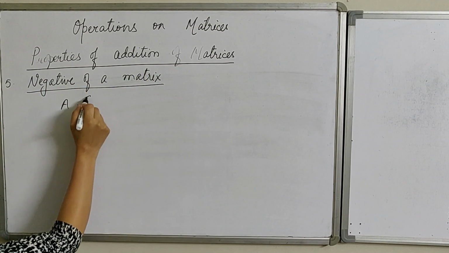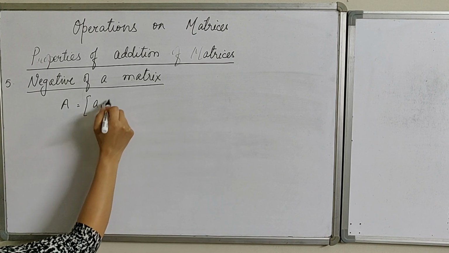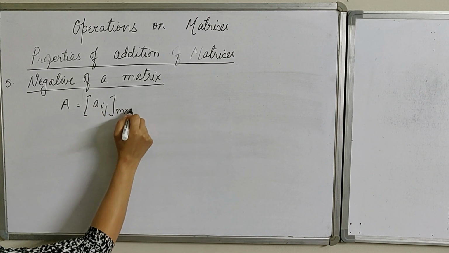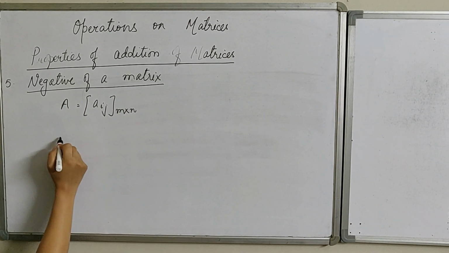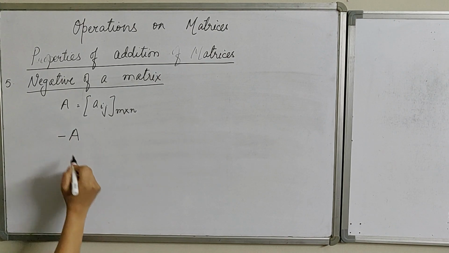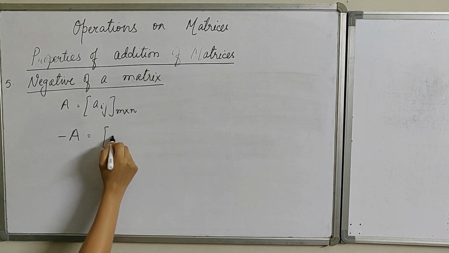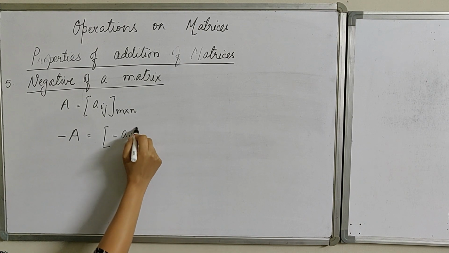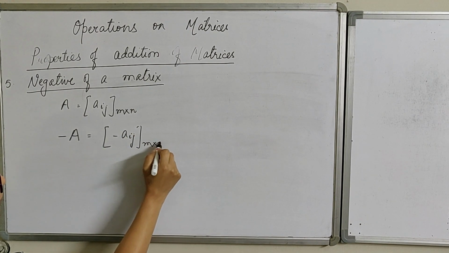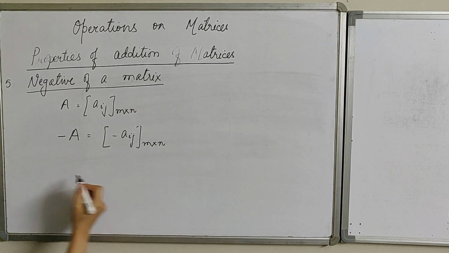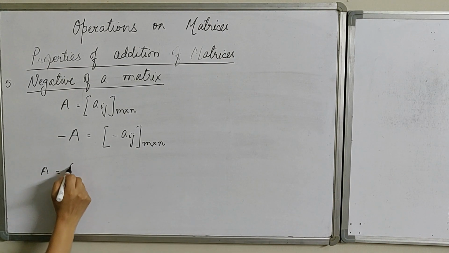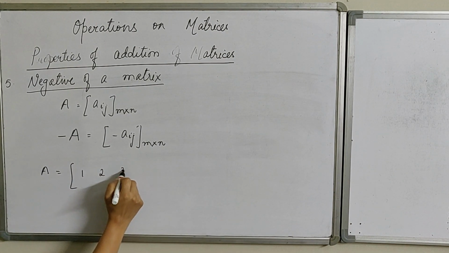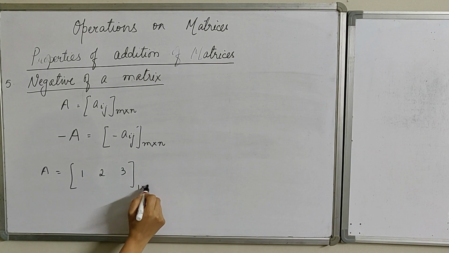A matrix A of order m by n has a negative matrix represented by minus A, of the same order m by n. What it basically means is, suppose we have a matrix of order 1 by 3.